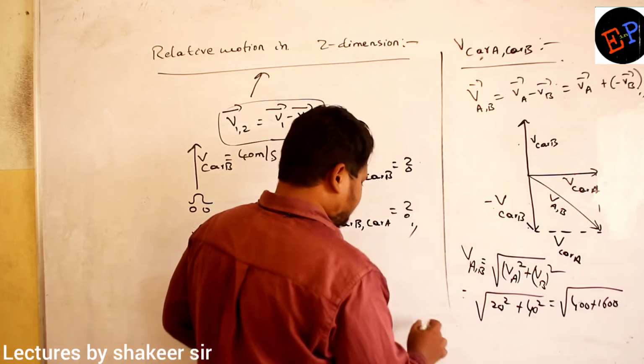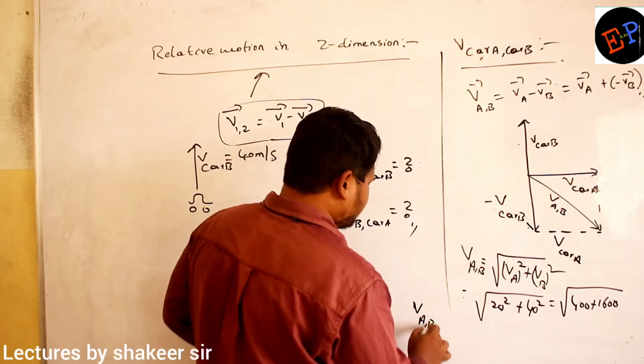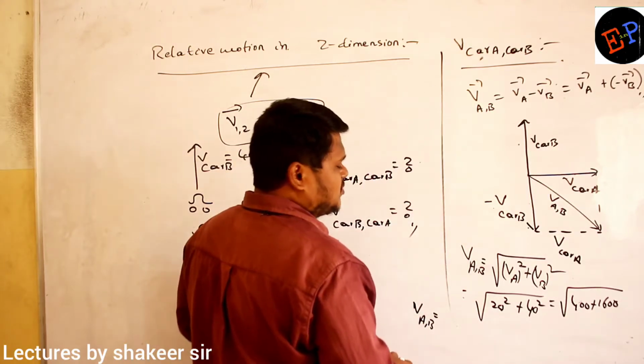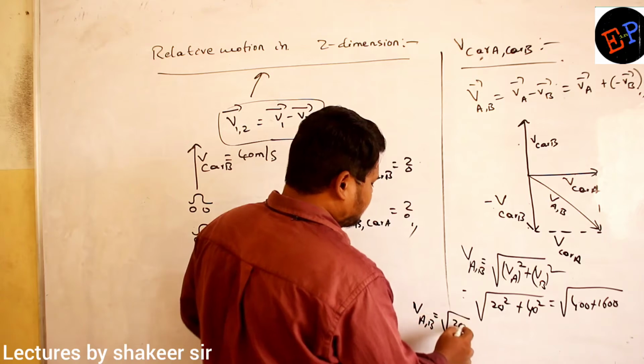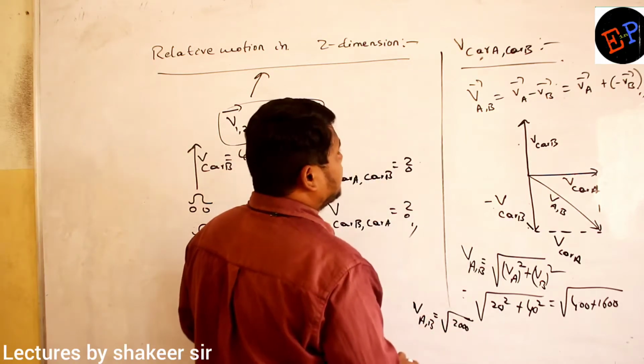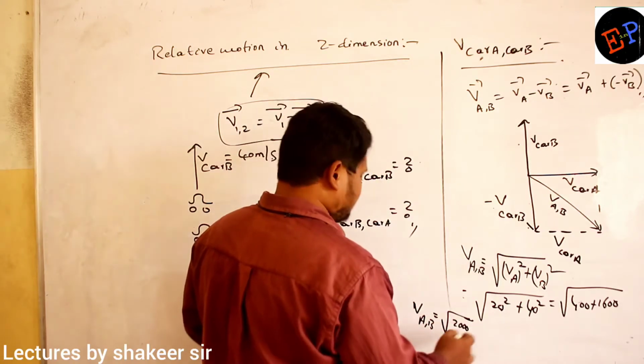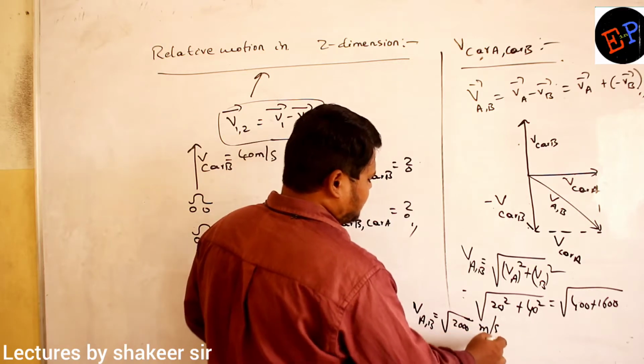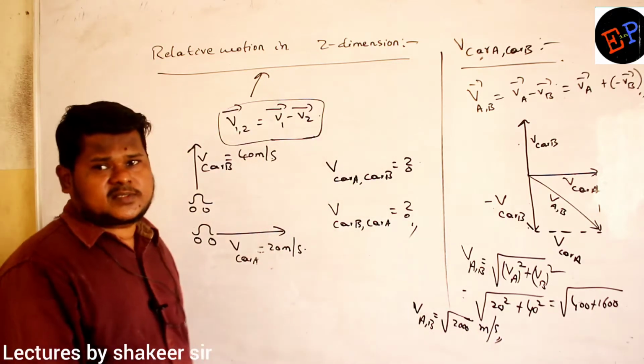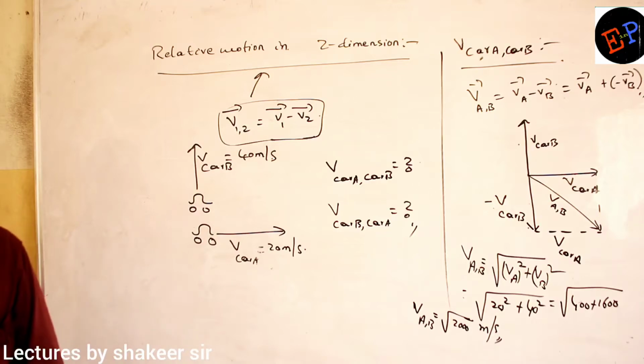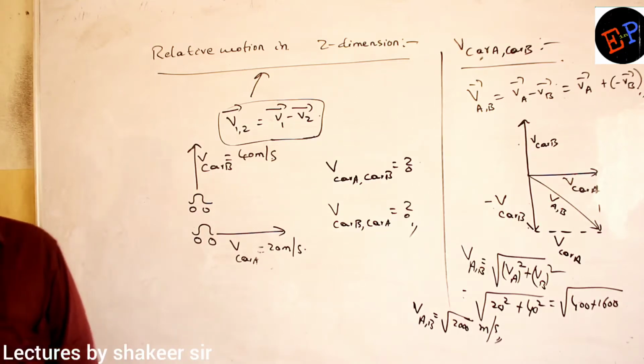So the total is 2000. So the velocity of car A with respect to B is root 2000 meters per second. That is the relative velocity of car A with respect to car B. Very simple.